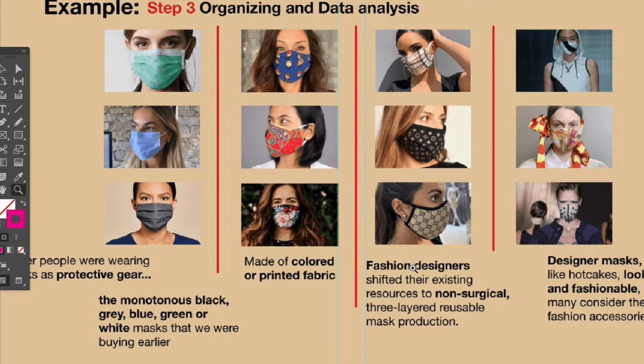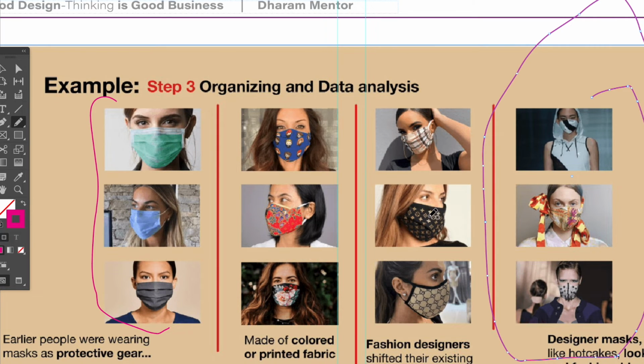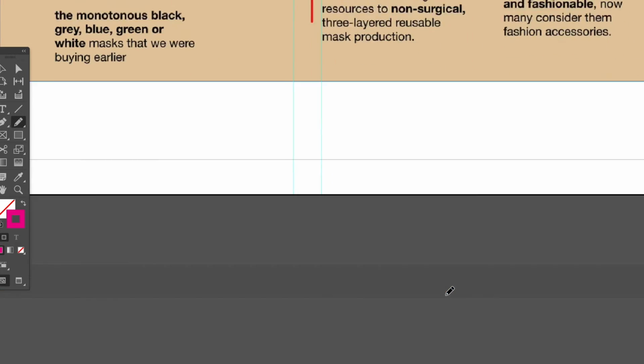So I divided into four categories so you can see the contrast. For example, in this case it's much more basic, and here you can see extreme fashion happening. These are nicely decorative, and here obviously these are driven by their brand assets, so you can easily recognize them.